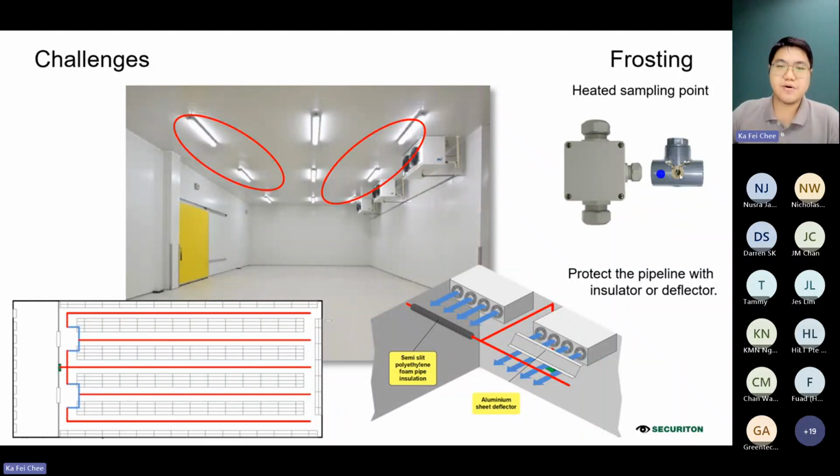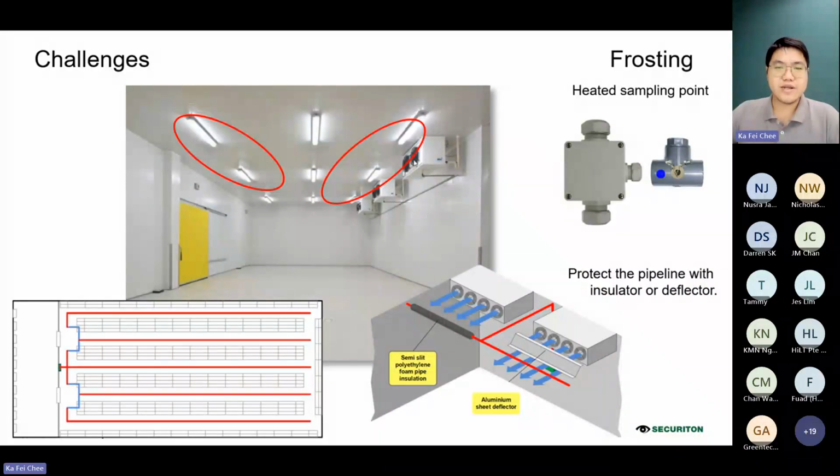This heated sampling point will automatically heat up the heater element on the sampling point to do all the de-icing. And once the airflow returns to normal, it will stop the power of the heating. So it is not operating at all times, and it is also done automatically.